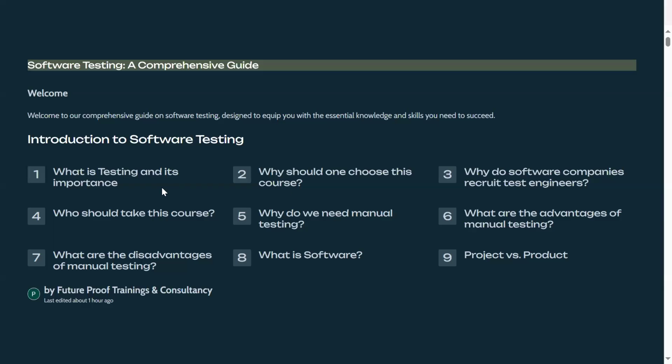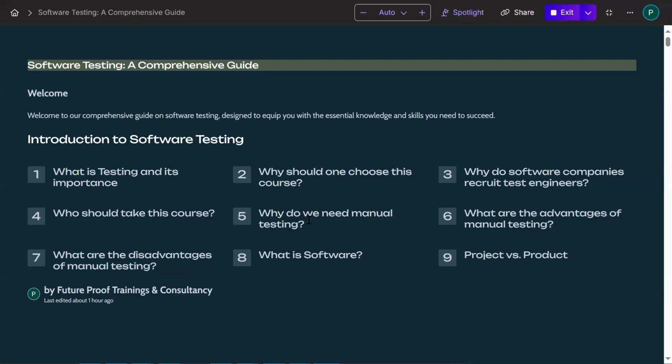Moving to the next question. Why should one choose this course? Why did you choose this course? Basically, the first quality of any software test engineer must be that he is interactive, right? He will be connecting with multiple persons, including stakeholders, developers, and business analysts.